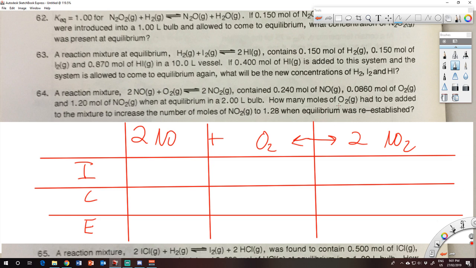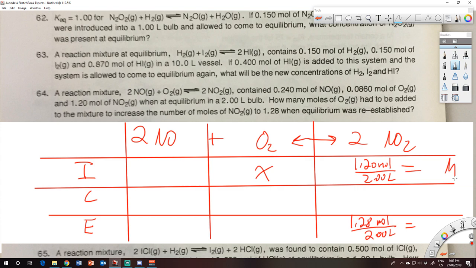So you set up this way. We don't know what this is. The moles of NO2, we want this to get to 1.28 moles, but work with this in concentrations. So there we go. The amount of NO2 initially would be 1.2 moles over 2.00 liters.